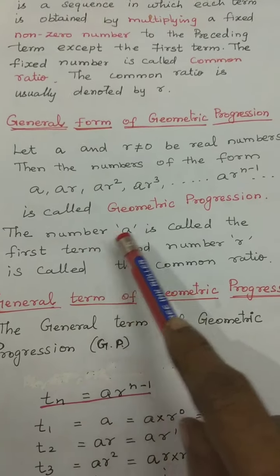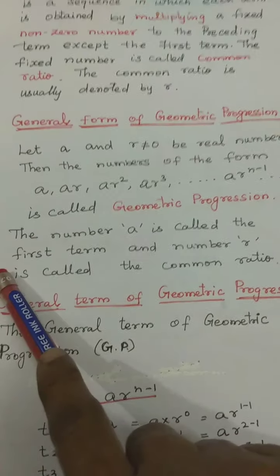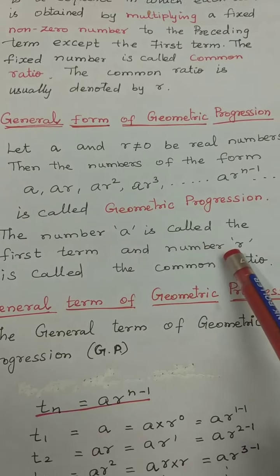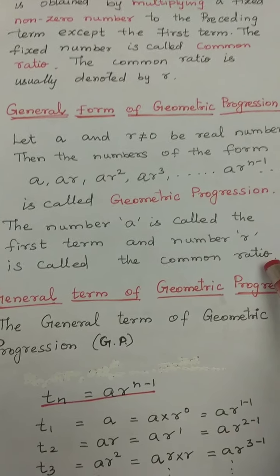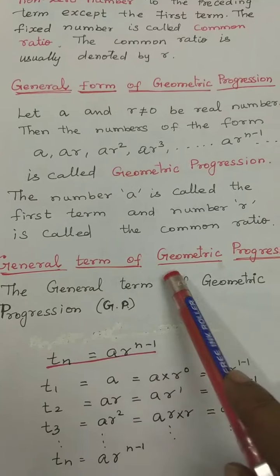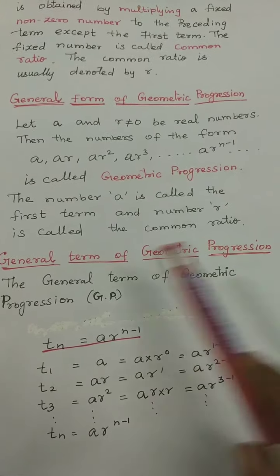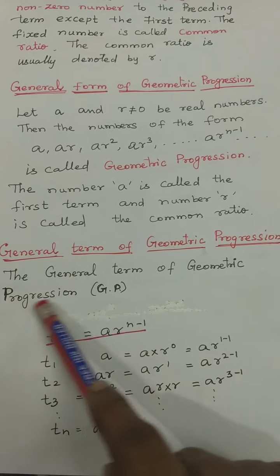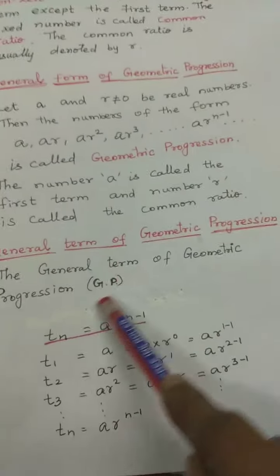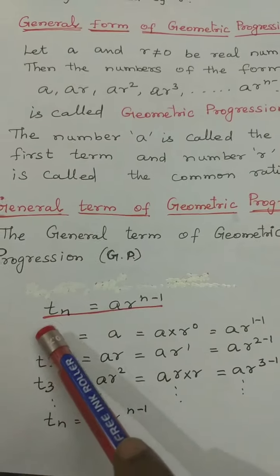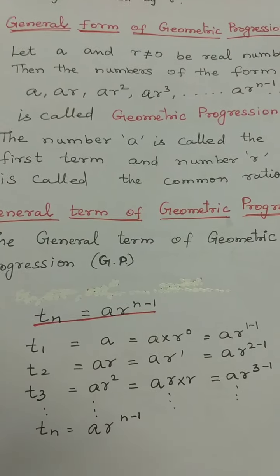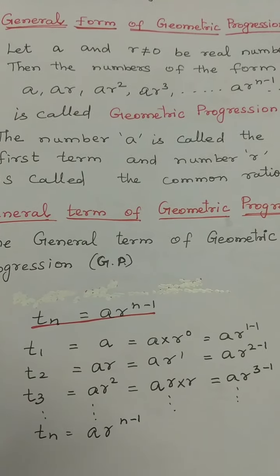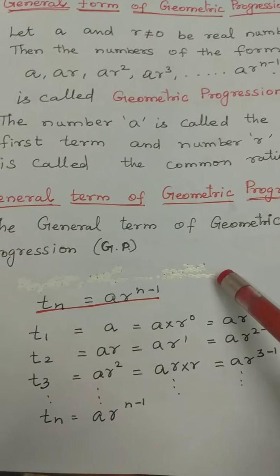The number a is called the first term and the number r is called the common ratio. The general form of geometric progression, GP: Tn equal to ar power n minus 1. We can find the nth term using this general form.